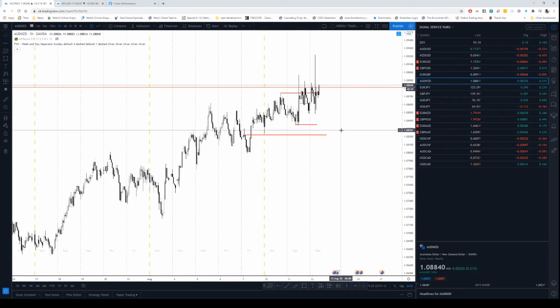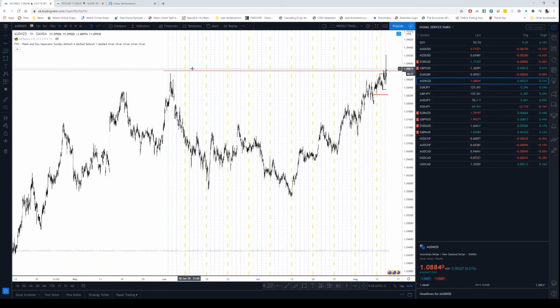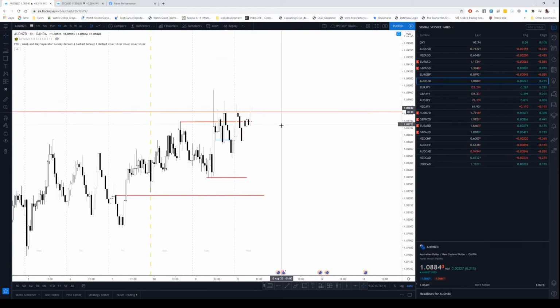Aussie New Zealand, yesterday I did mention we are attacking this high, and we did eventually attack it. I was looking for a retracement back down to here before a continuation, but we didn't get that. It just decided to stream back up for some reason.